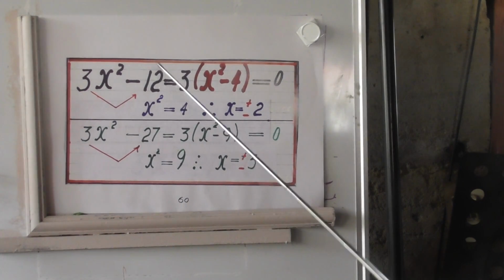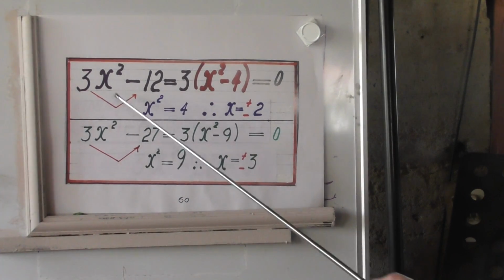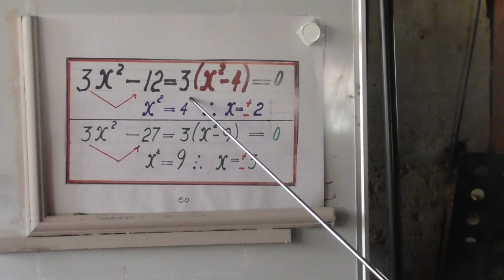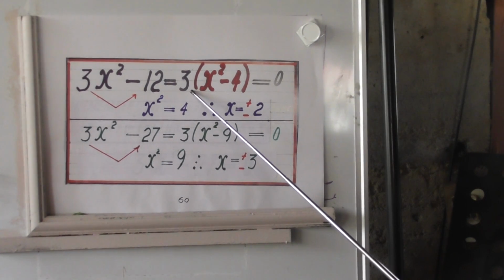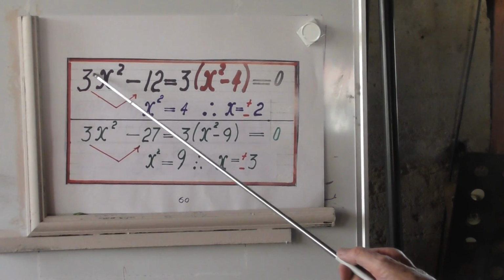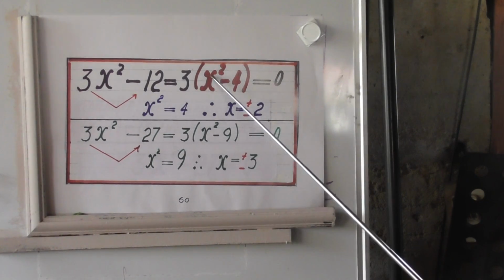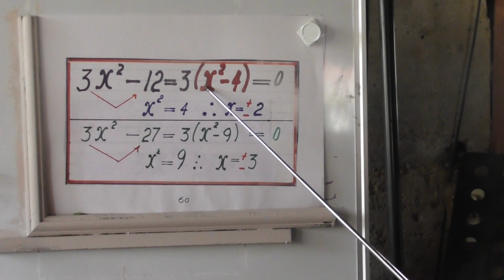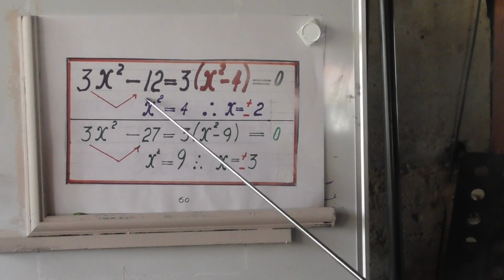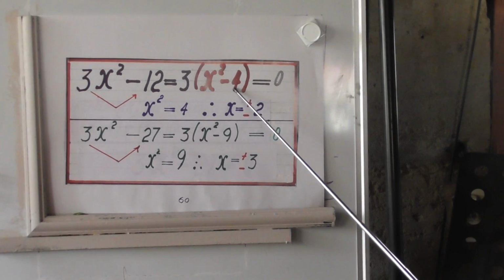We look at the 3 and the 12, we know that 12 is divisible by 3. So now the 3, not the x, but the 3 goes outside. And so there is still, the 3 is outside, so there's still an x squared. The 3 is outside, so we still have the negative 4.